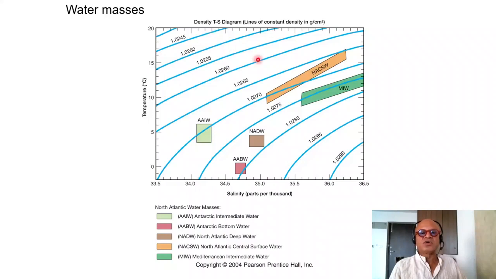You can see that classical oceanographers, hydrographers, look at the temperature and salinity and the density, and they can identify the water masses. So Antarctic intermediate water is on this density line here at this salinity and this temperature.